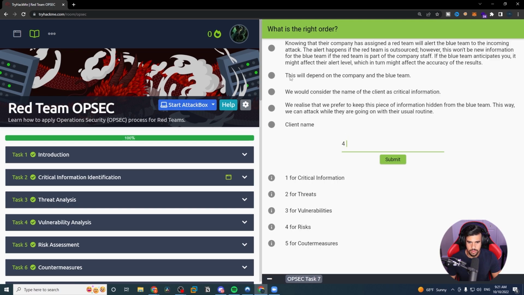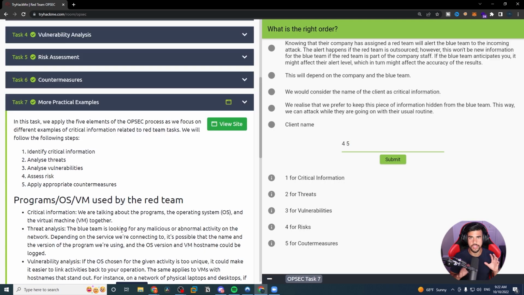And then this next one here will depend on the company and the blue team. So the countermeasure will depend on the company and the blue team because, remember, we have to consider their capabilities and their ability to... But essentially it goes back to the equation from before, where threat equals the intent plus the capabilities.